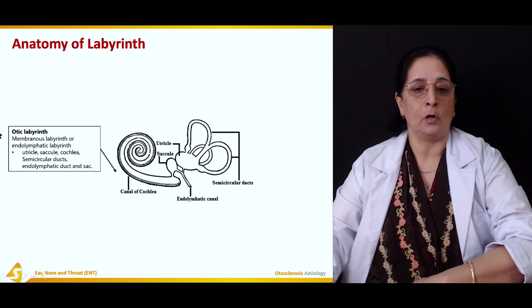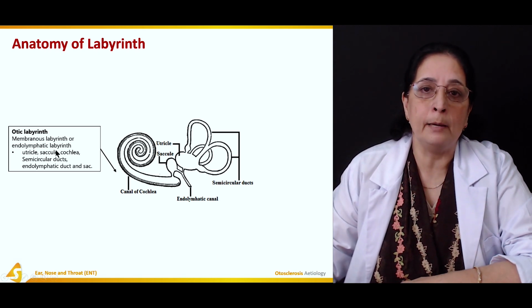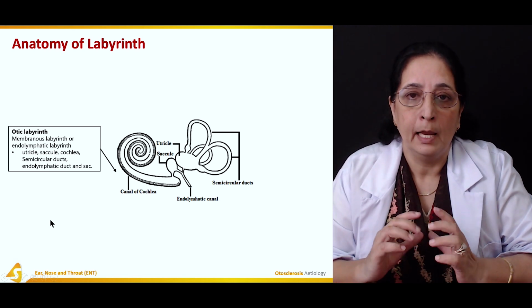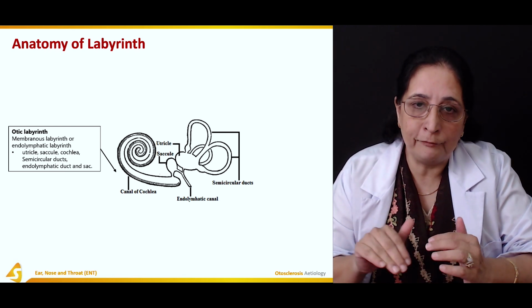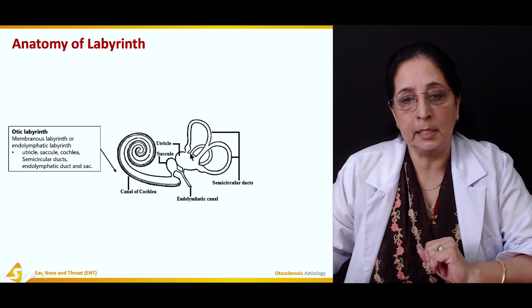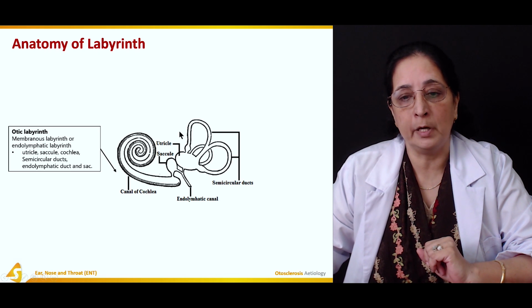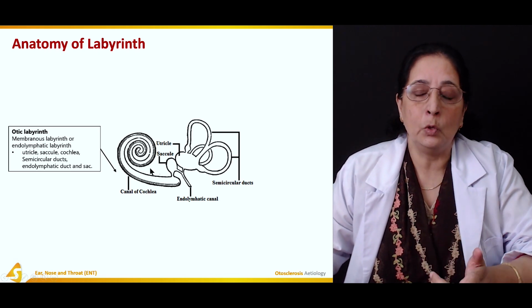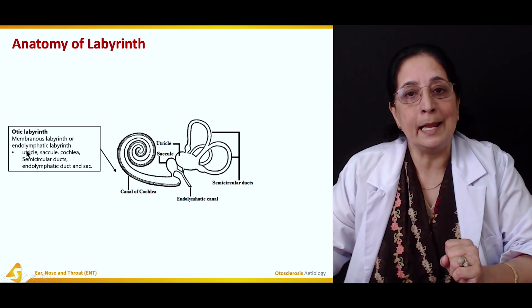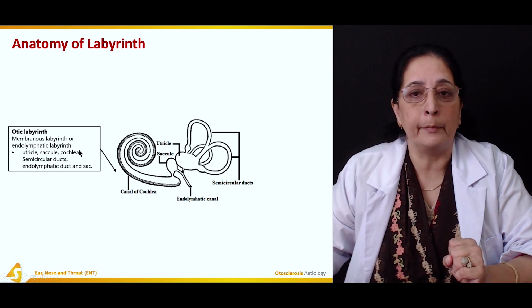Membranous labyrinth is also known as endolymphatic labyrinth, because endolymph is the fluid that flows in this membranous labyrinth. So in these structures, there is a fluid that flows, known as the endolymph. That's why it's also known as endolymphatic labyrinth.